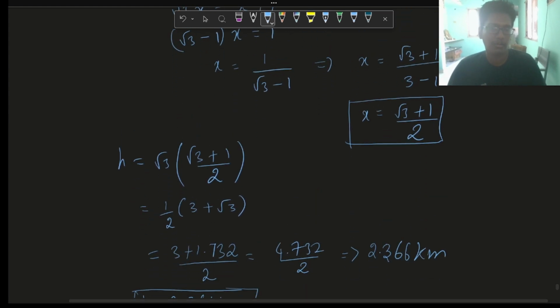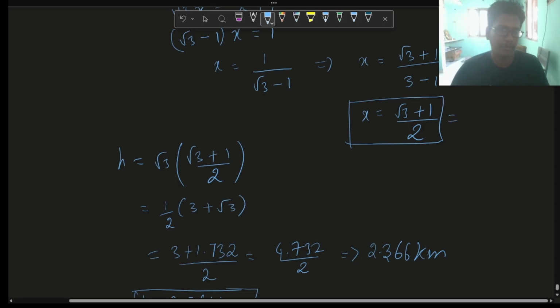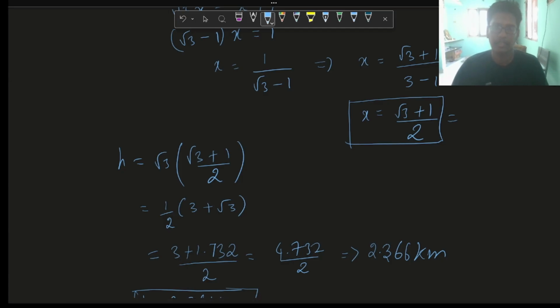Then you could find the x value as root 3 plus 1, which is 2.732 divided by 2, which would give the value 1.366 kilometer. Yeah, 1.366 kilometer.